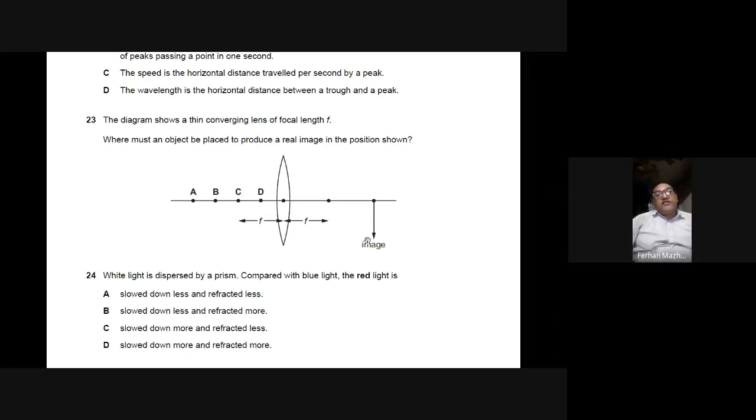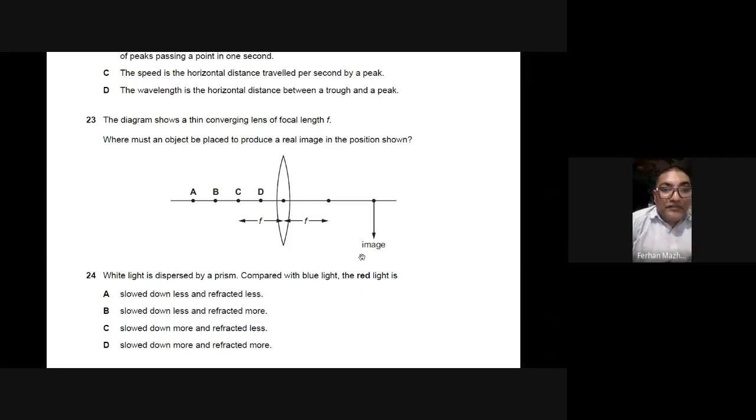For this purpose, we will use two rays starting from the arrowhead of the image. I will place a ruler so that I join the head of this image and the optical center, and I will prolong this line to the left side of the lens. What I'm saying is: join the tip of the image with the optical center of the lens and prolong this line on the left side of the lens.